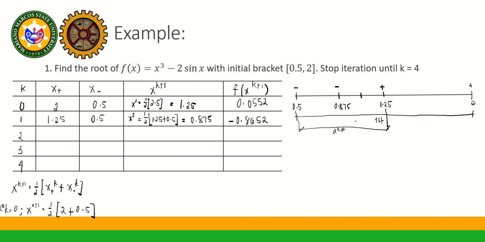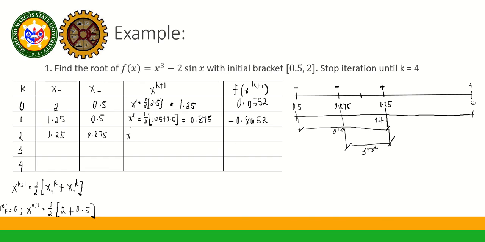For our third interval naman is kinuha natin dito. Okay? So, our negative will be 0.875 and our positive is 1.25 still.